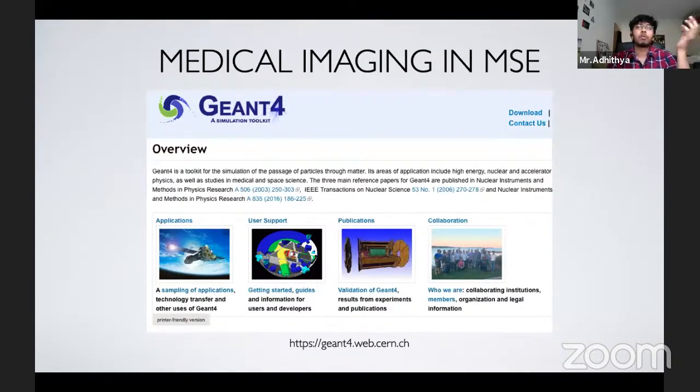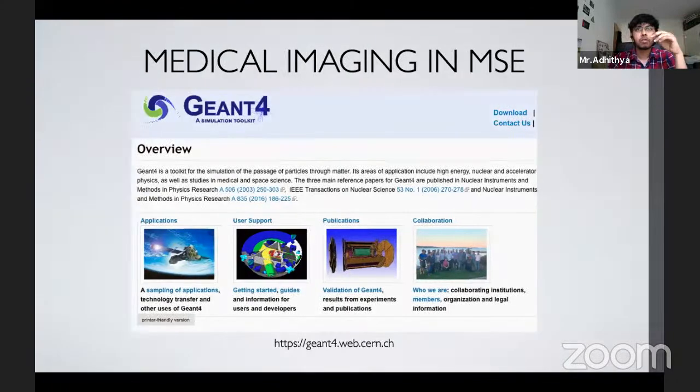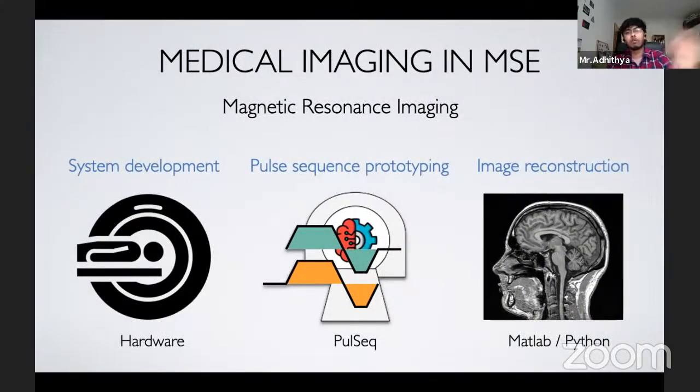So moving from computed tomography to other modalities, we have magnetic resonance imaging. In terms of magnetic resonance imaging, it also has hardware development and software and image processing parts. So the advantage over CT is that MRI does not use any radiation sources or ionizing radiation.